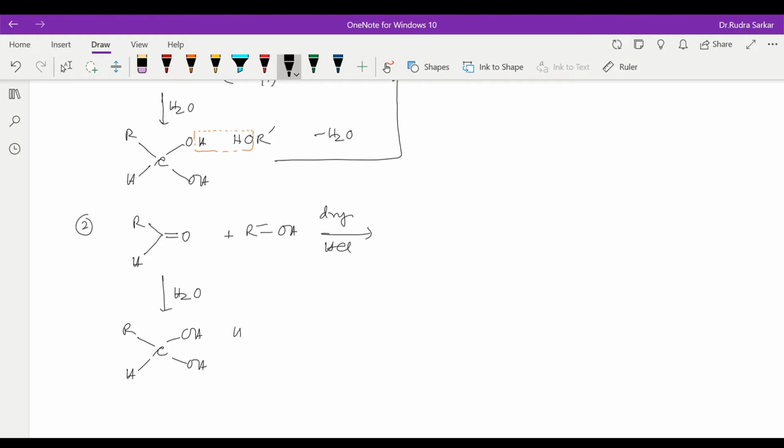And now you try to take out water. So you place both the R prime OH next to the OH, okay, and you try to take out two molecules of water.